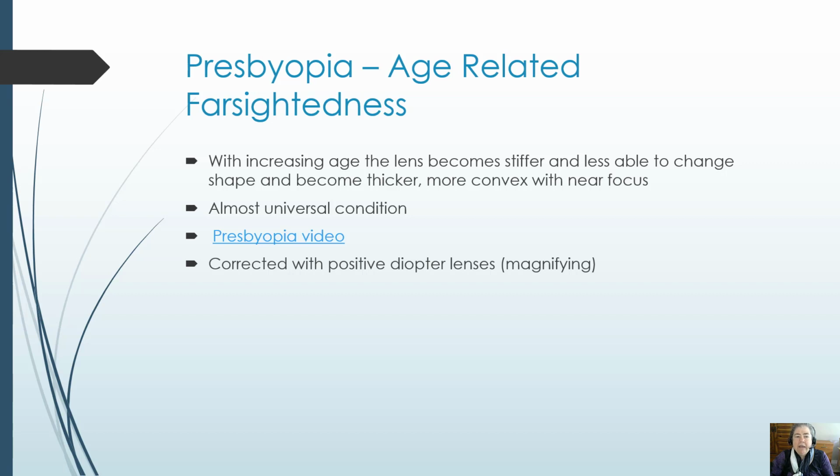Which is why, as we get older, most people in their late 30s, early 40s end up needing reading glasses, which are positive diopter, convex glasses that help us focus the written word, these small things we're trying to look at, the needle that we're trying to thread, when our lens is unable to change shape to focus.